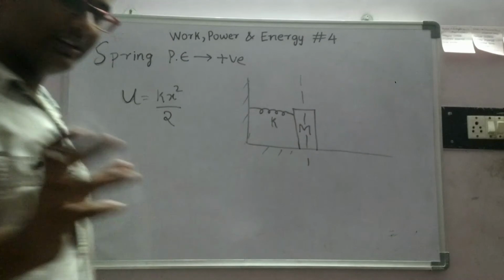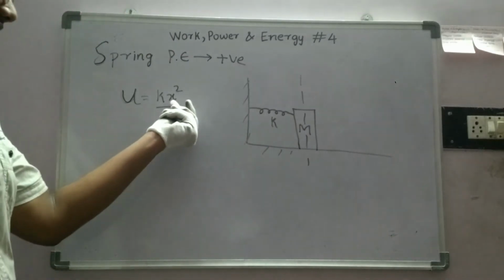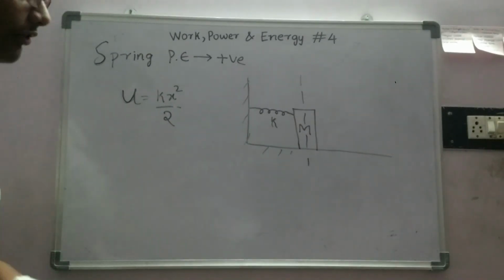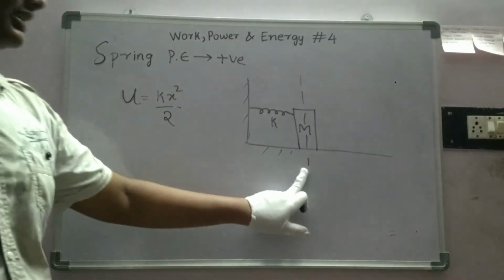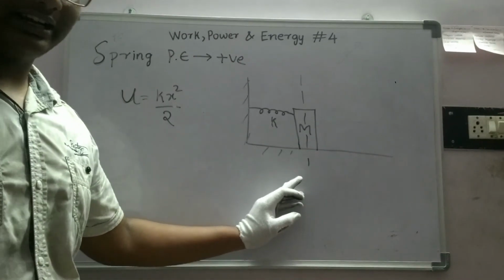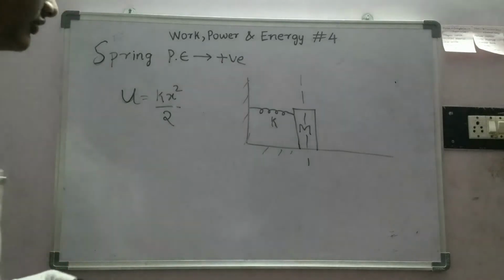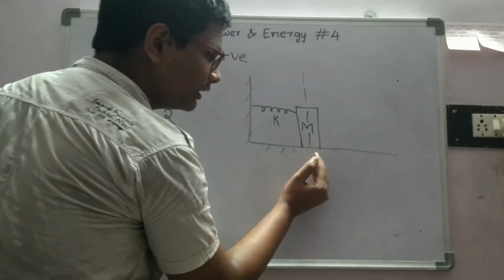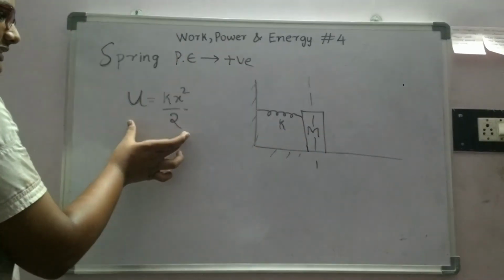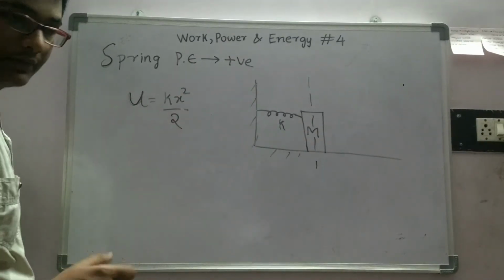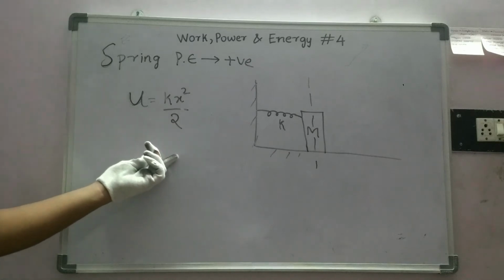where k is the spring constant. It is different for different springs, and x is the distance moved from its initial position, which we consider the position where it is stable. If we move x distance to the right or to the left, it gains some potential energy, that is kx square by 2.